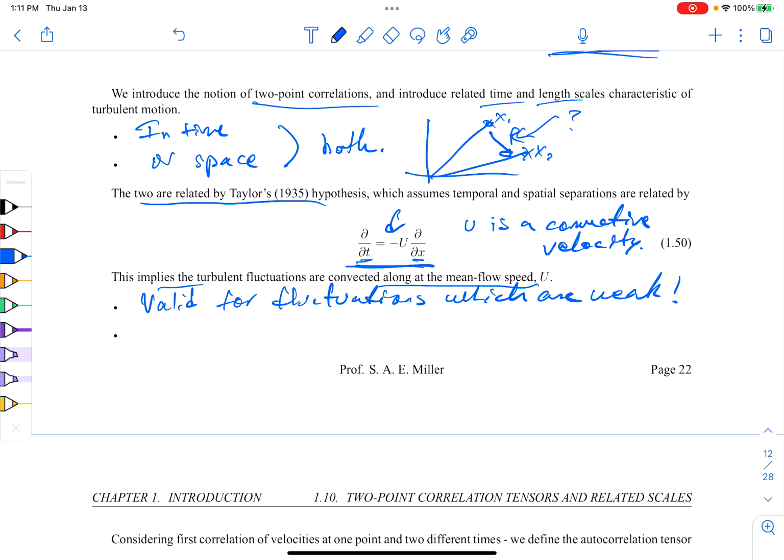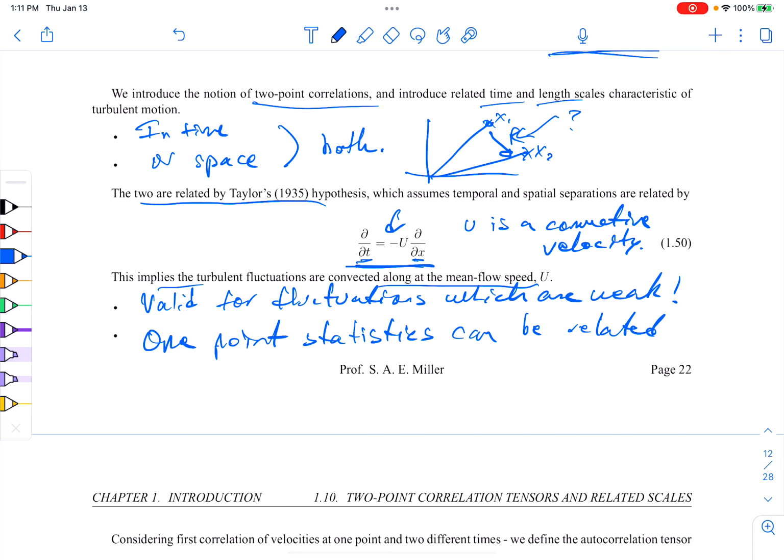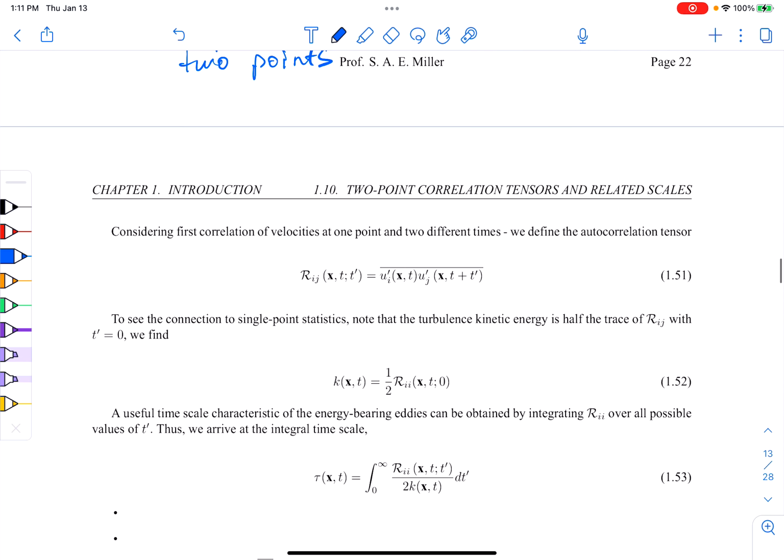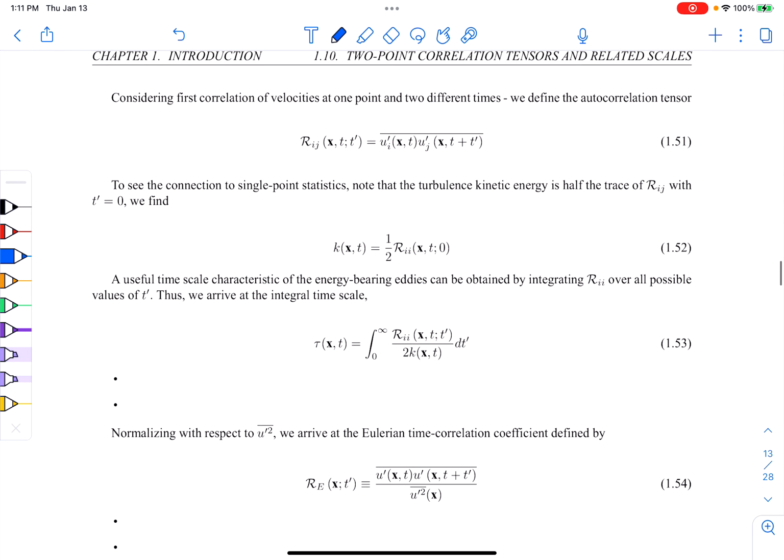And the good thing is, it means that 1-point statistics can be related to 2 points in practice through Taylor's hypothesis. So let's look at one example.